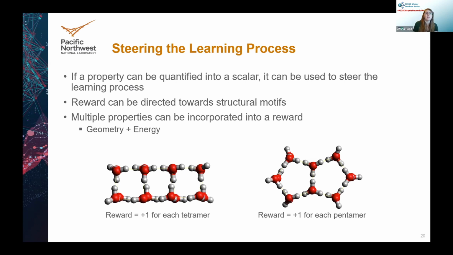So the reward really needs to be carefully thought through and tested, because the algorithm will take what it sees as the best steps to maximize its reward. And it has no idea of the task you want it to do besides what the reward tells it to do. So that's something that needs to be really thought through and tested very well.